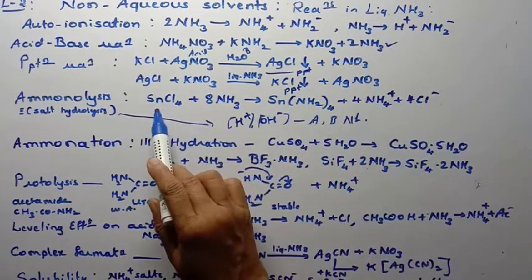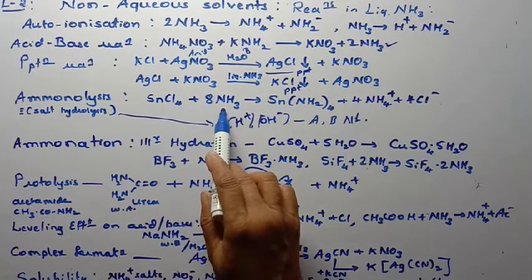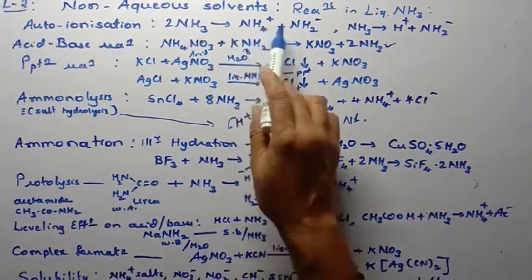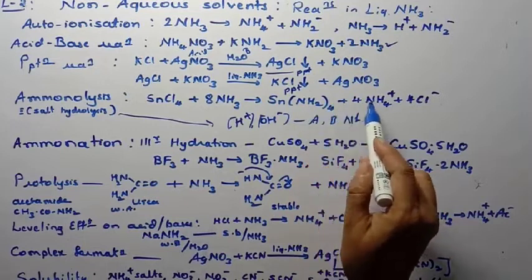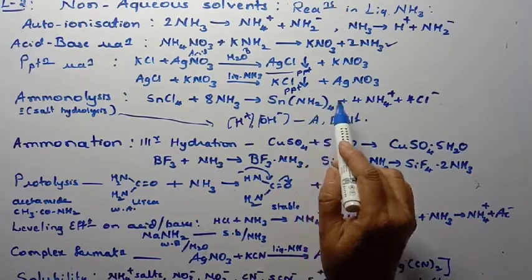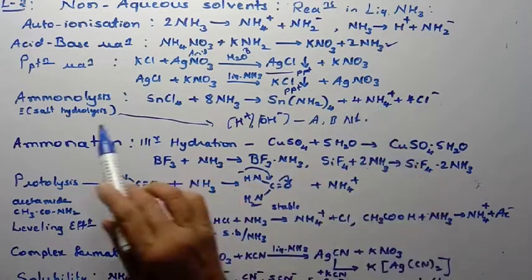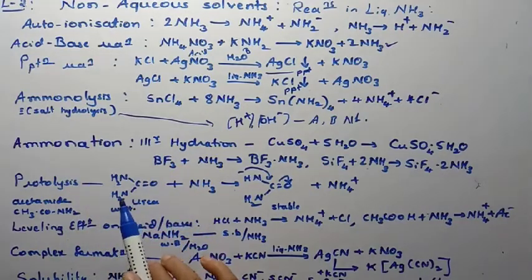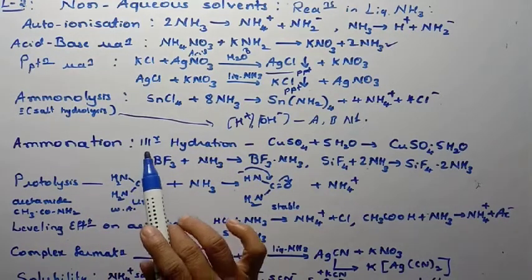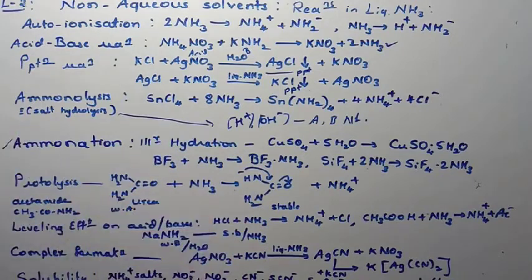As a result of the interaction of the ions of salt with the ions of ammonia, one of the ion concentrations will increase, and that is said to be ammonolysis. It is very much similar to salt hydrolysis. So with this we'll move on to the next one, ammonation.